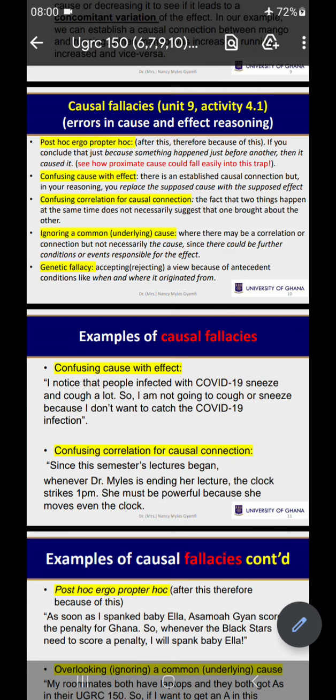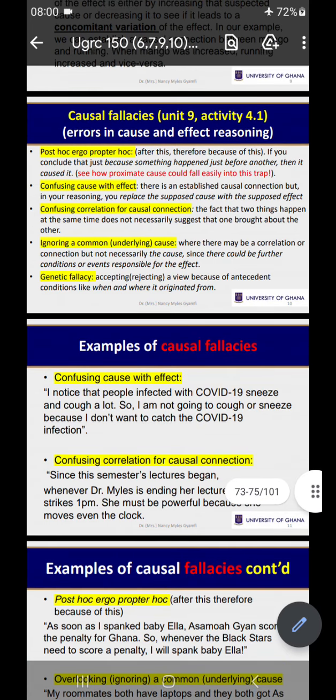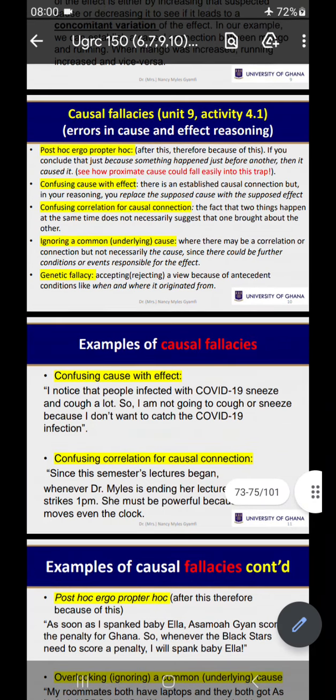If you conclude that because something happened just before another, then it causes it, that becomes a post hoc ergo propter hoc. Let me give you a clear example for you to understand it better.